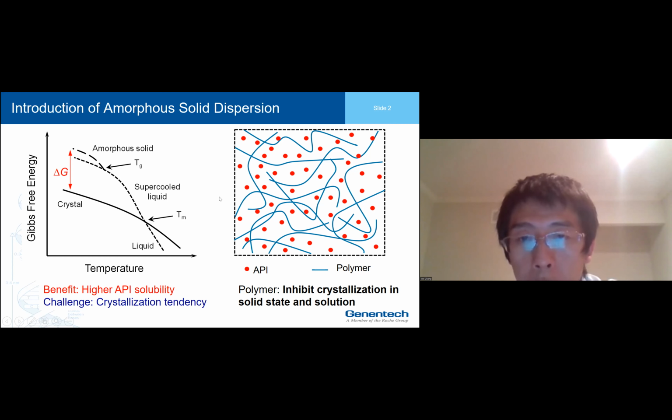Therefore, to prevent crystallization, the industrial scientists will add polymers with the amorphous drug to form amorphous solid dispersion. This can stabilize the amorphous drug at the amorphous state, both in solid state and in dissolution process.